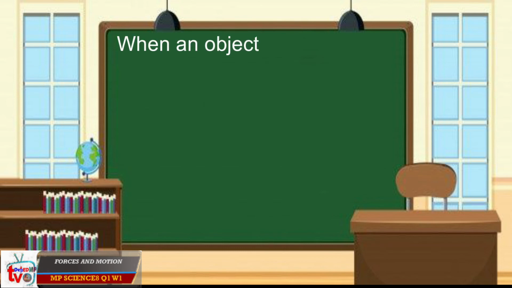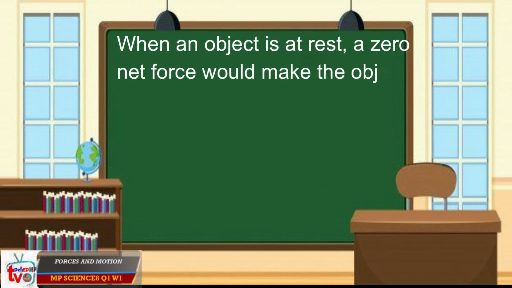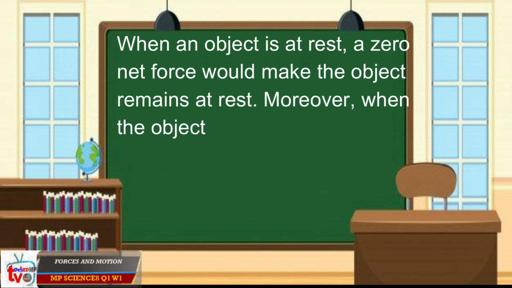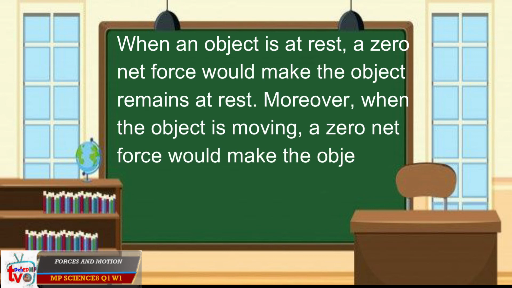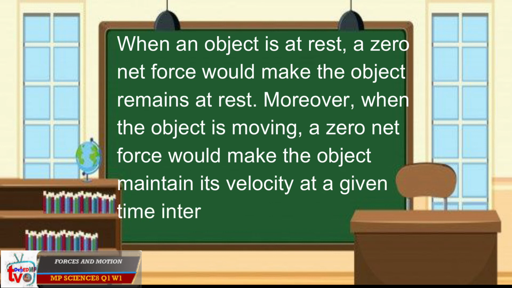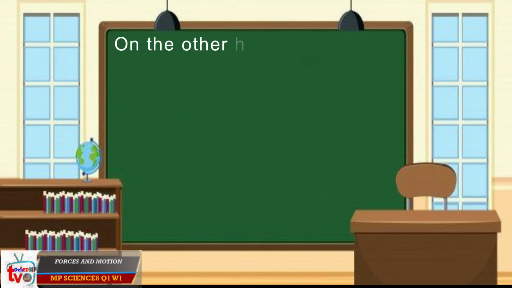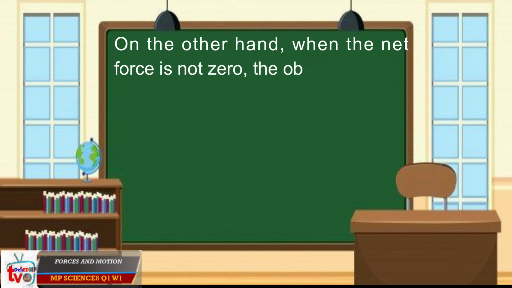When an object is at rest, a zero net force would make the object remain at rest. Moreover, when the object is moving, a zero net force would make the object maintain its velocity at a given time interval. On the other hand, when the net force is not zero, the object's velocity will change.